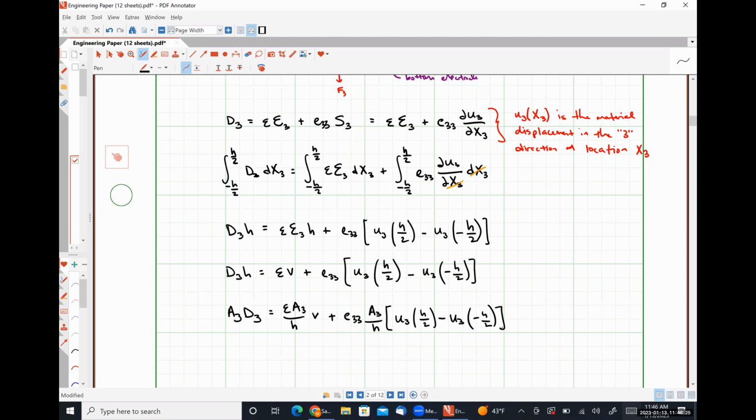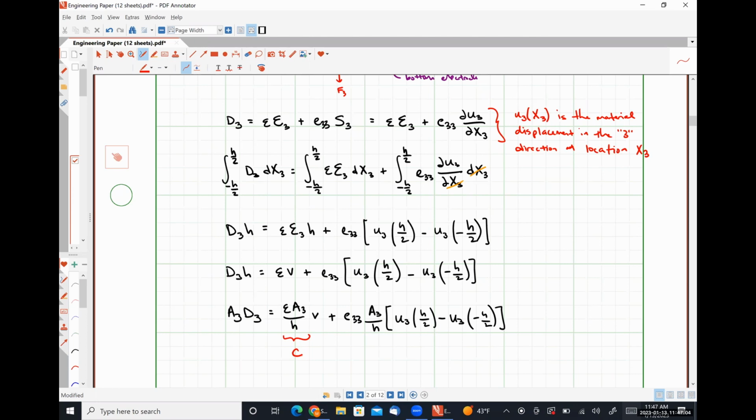That's capacitance, epsilon A over D, where D is the distance separating our plates, which in this case is just H. So this term right here is just the nominal capacitance of our piezo element. The A3 D3 thing is a little bit harder to understand, but we can think about it in a couple of ways. A3 times D3 is going to be capacitance times voltage plus this other term.